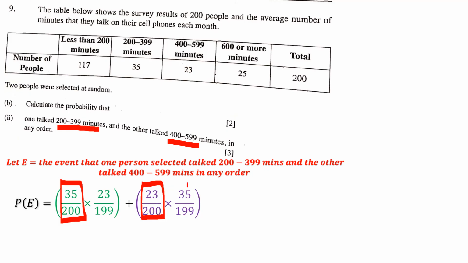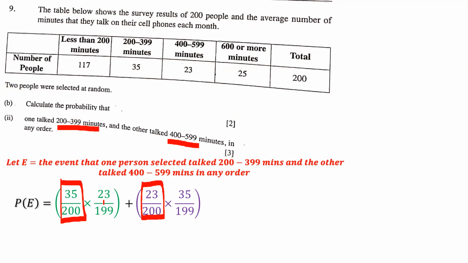But then we're going to select another person, and that person is going to be from the persons who talked 200 to 399 minutes. And so it's going to be a fresh 35, but it's only going to be 199 people that we could choose from. So this one is if we selected the person who talked 200 to 399 minutes first.